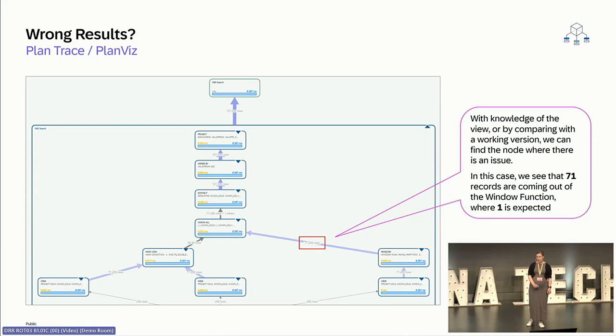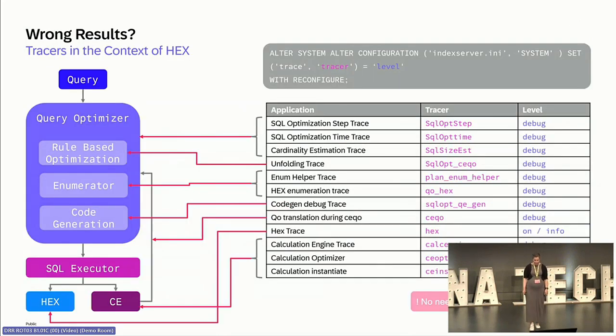And if we have an existing query and we are really lucky, maybe we have upgraded one system and see wrong results, and we still have a productive system on a non-upgraded version, then we can directly compare. And in this case, when we compared the two planvis files, we could see that the Windows node was sending 71 records where we were expecting 1. So some logic had changed or a bug was introduced.